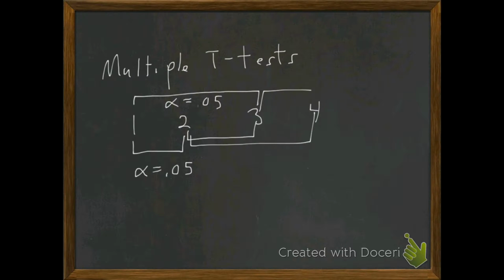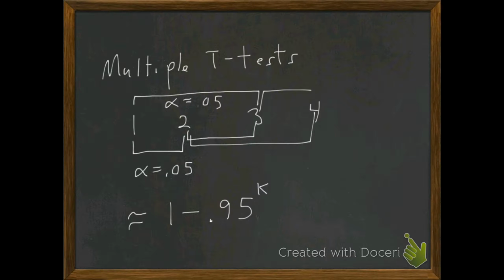Look at all the possible pairwise comparisons. Every time you have an alpha of 0.05, you can show that the new alpha value can be approximated by taking 1 minus 0.95 raised to the k power. So you can quickly put this in your calculator and see, if you have 4 groups, I think it turns out to be an alpha of about 0.18. So the probability of you committing a type 1 error if you conducted multiple t-tests would be increased 3.5, almost 4 times.